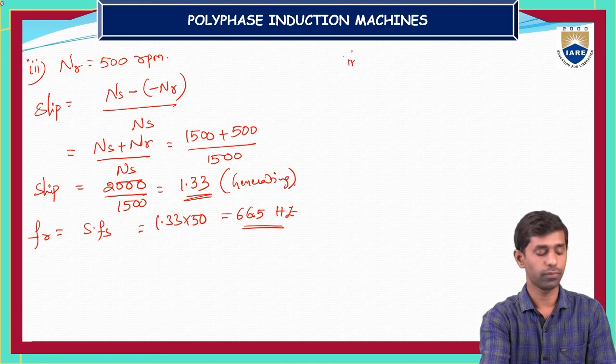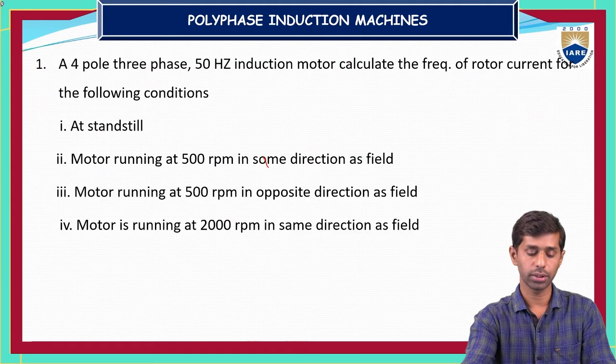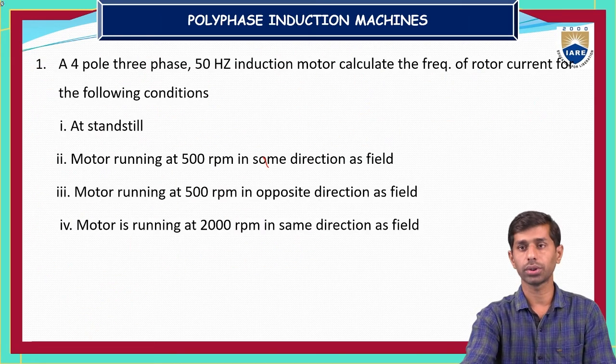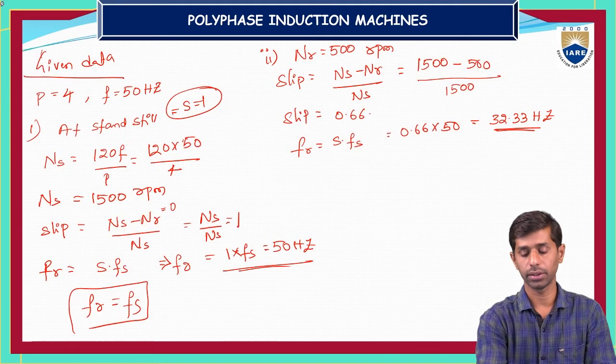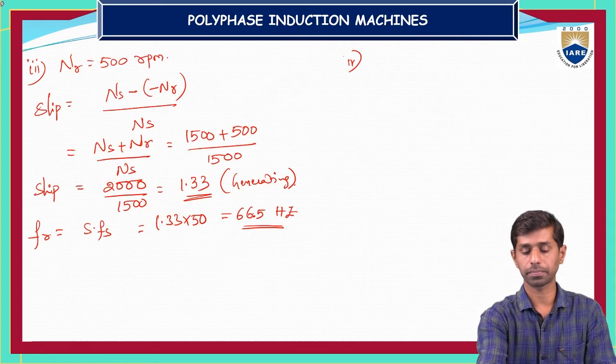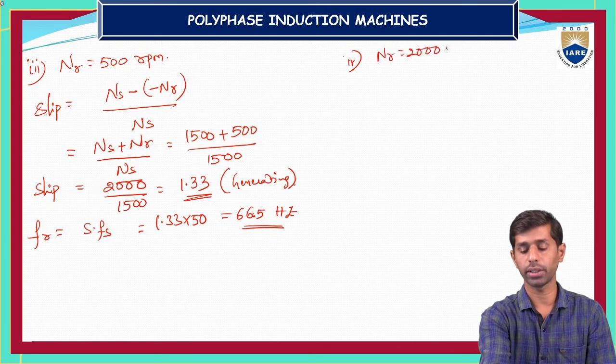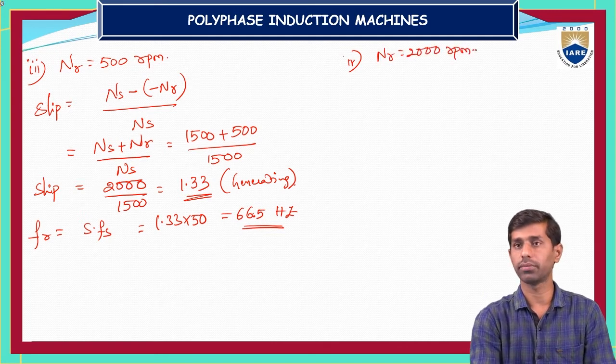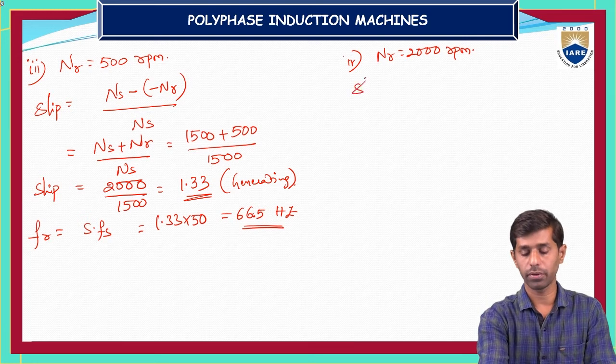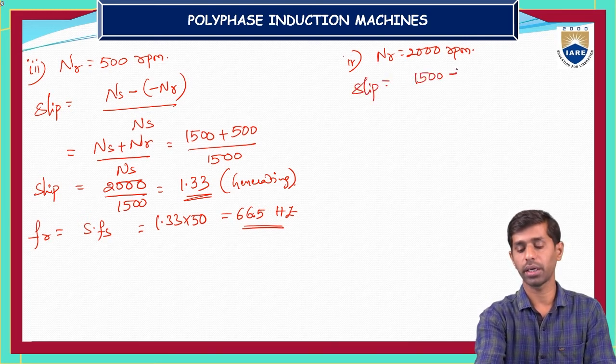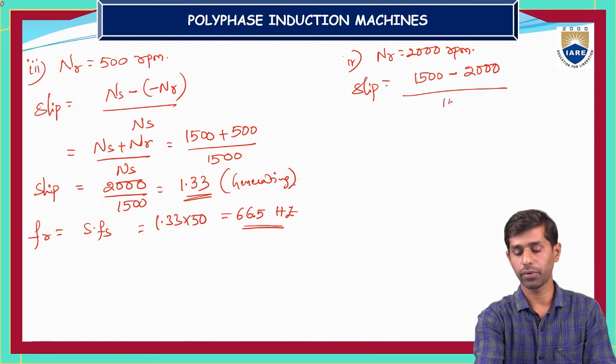And the last condition, the fourth condition: motor running at 2000 rpm in the same direction as the field. So Nr is equal to 2000 rpm. It is more than the speed of the synchronous magnetic field. So slip equals the synchronous speed 1500 minus the rotor speed 2000 rpm, divided by 1500.